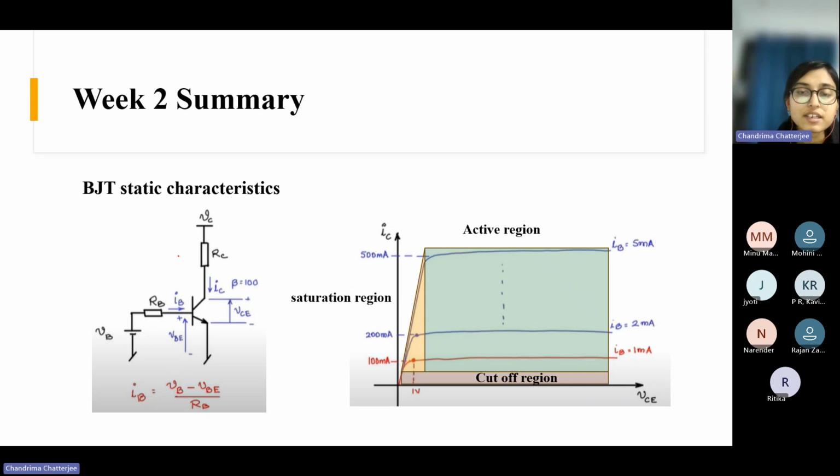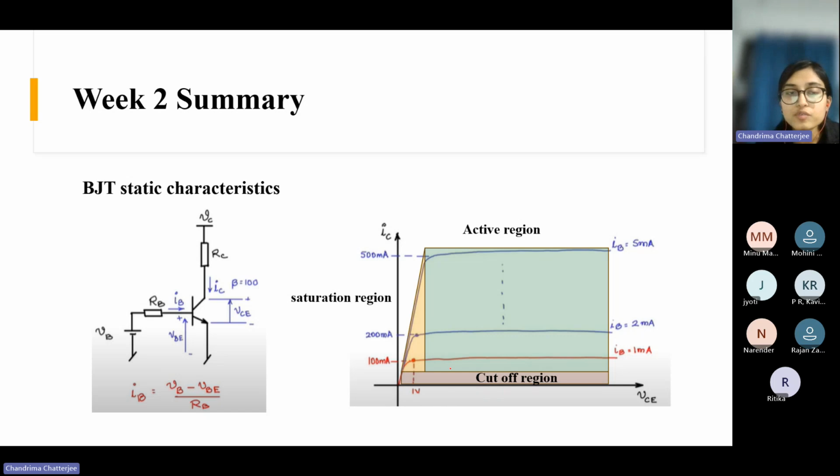So static characteristics is basically the characteristics between this VCE, which is basically the voltage across collector emitter, like this voltage. This VCE is the voltage across the device, and in the y-axis we have the collector current.